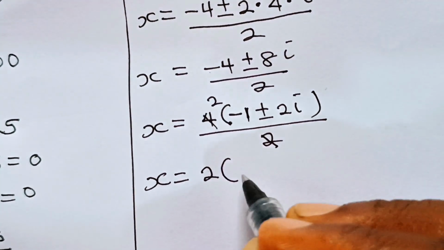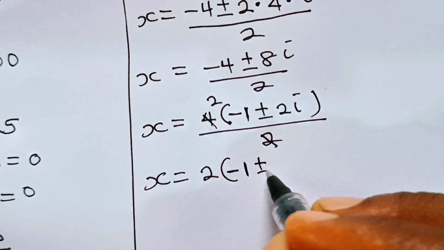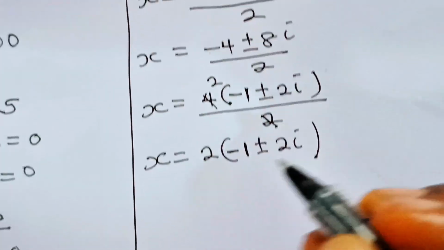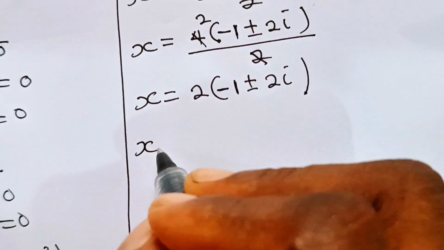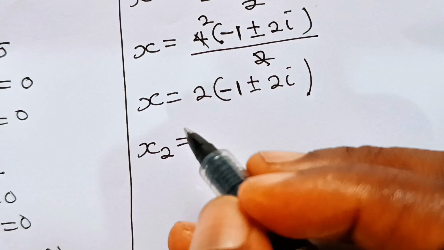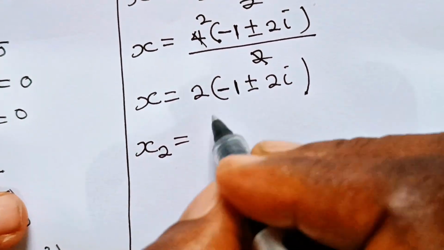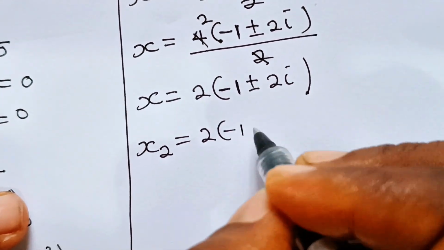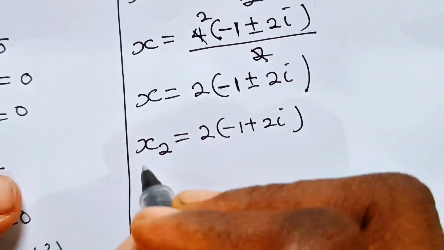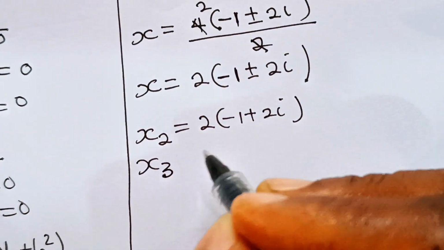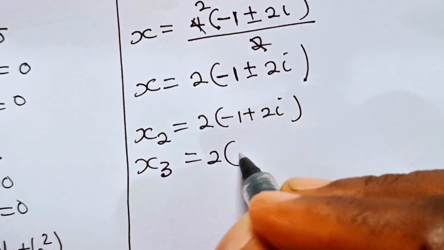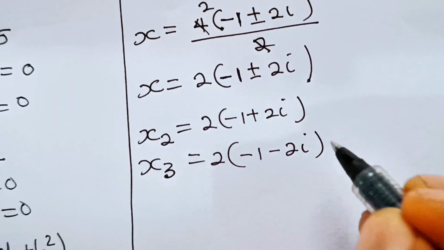So we have 2 brackets minus 1 plus or minus 2i. So it means that the second value of x is equal to 2 brackets minus 1 plus 2i, and the third value of x is equal to 2 brackets minus 1 minus 2i.